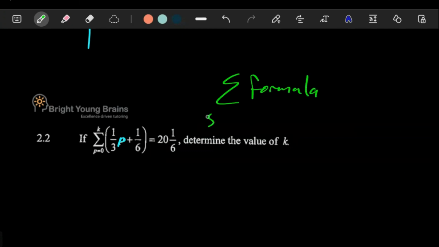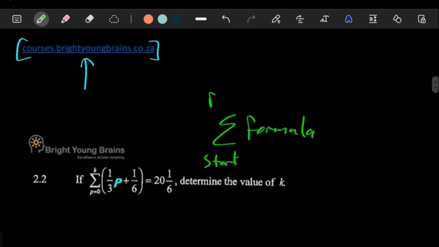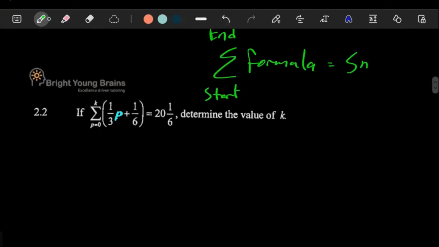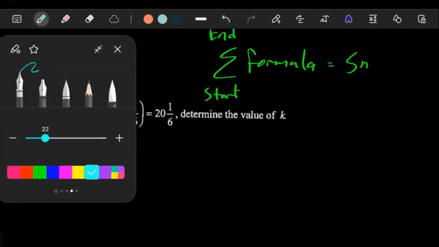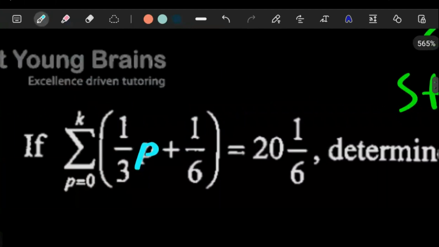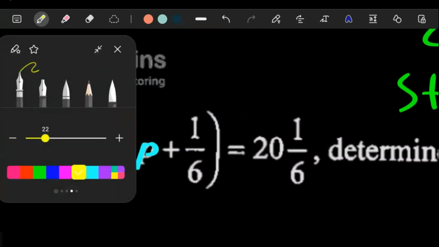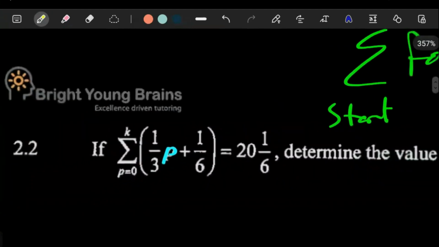You have the terms that you're adding up, starting from a specific position, ending at a specific position. All those terms added up give you this, which is the Sn. So anytime you're given sigma like this, 99.99% of the time you're either working with an arithmetic sequence or a geometric sequence.